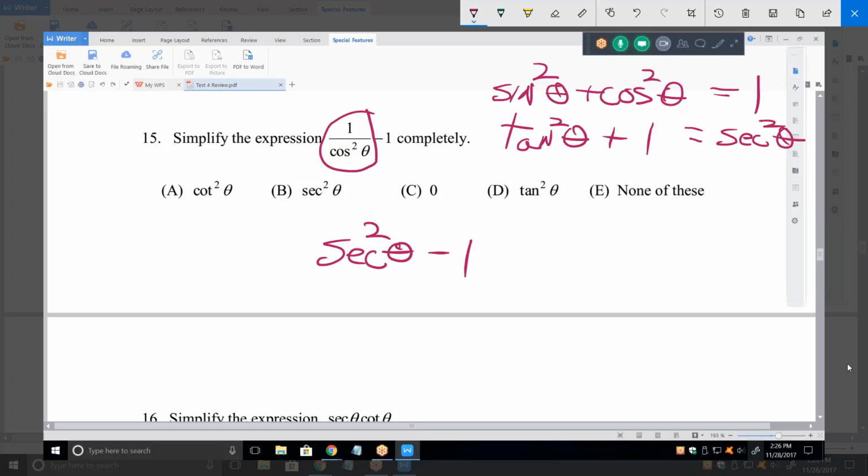Now, the third one they want you to know is the cofunctions of the second one. What's the cofunction of tangent? Cotangent. What's the cofunction of secant? Not the reciprocal, the cofunction. Cosecant.